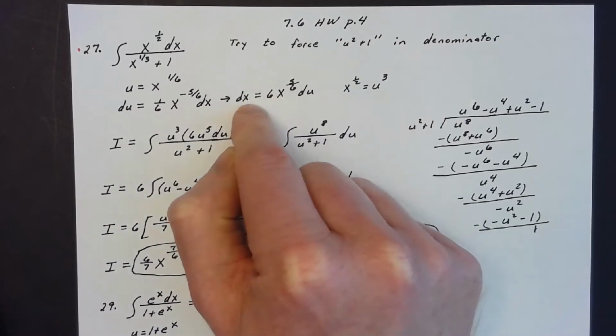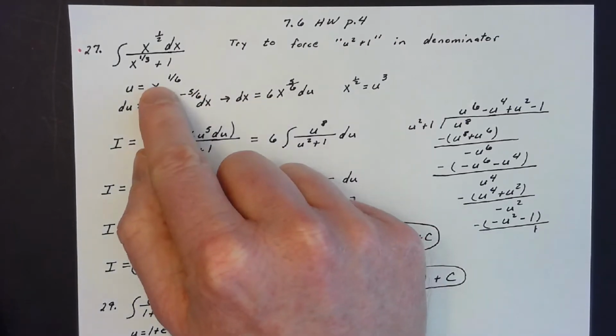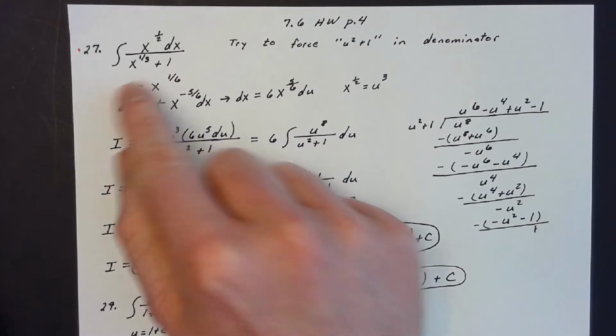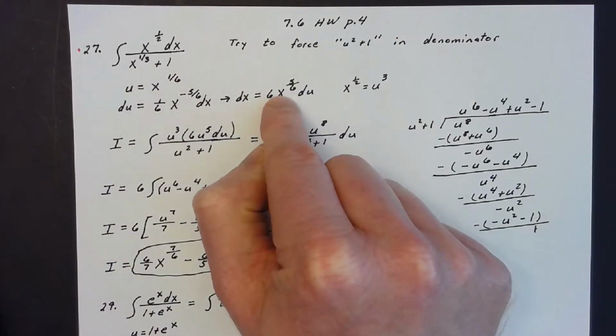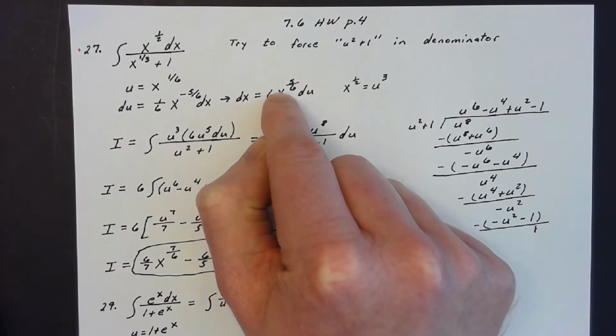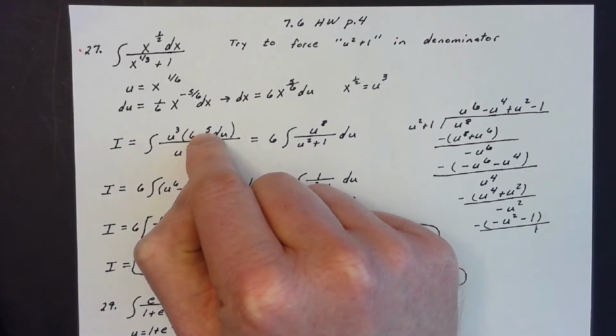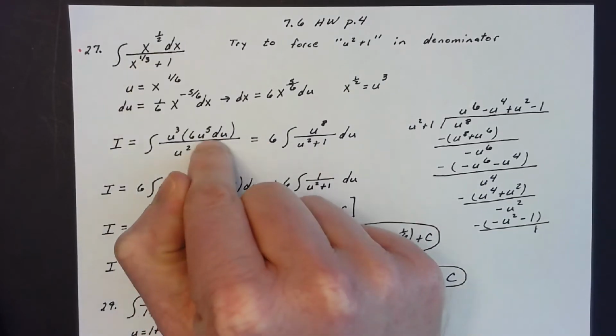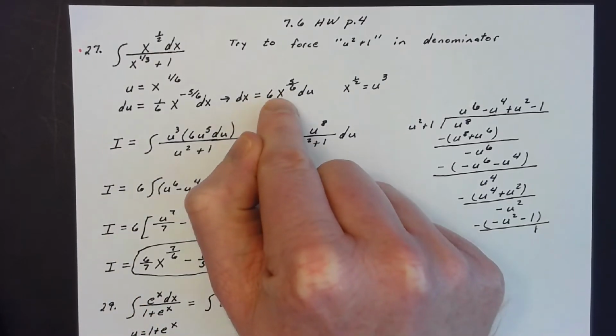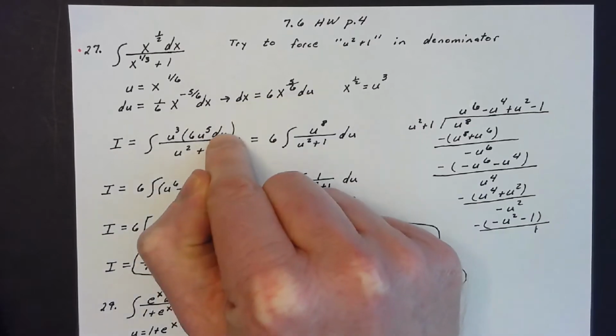Now I look back up at my problem and I can see x to the 1/6 is u, so x to the 5/6 would have to be u to the 5th. So I'm going to be able to substitute in the place of dx in the problem. Notice the dx becomes 6 u to the 5th du right here.